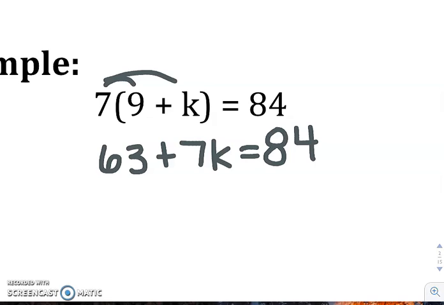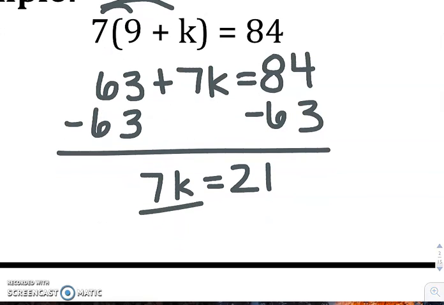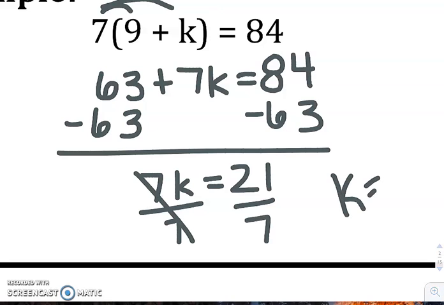We're trying to get the variable by itself, so we'll first get rid of that positive 63, so we'll subtract it. We get 7k equals 21. We have 7 times k, so we would divide to get rid of that, and your k would equal 3.